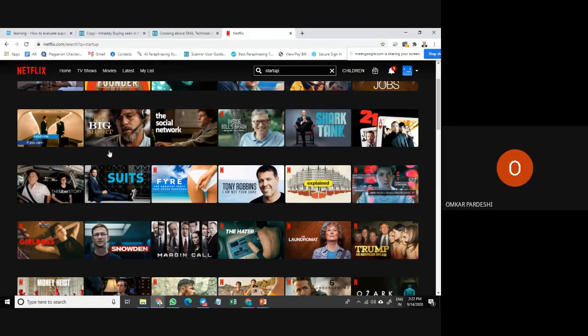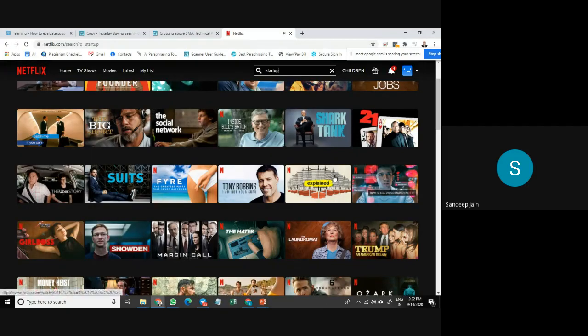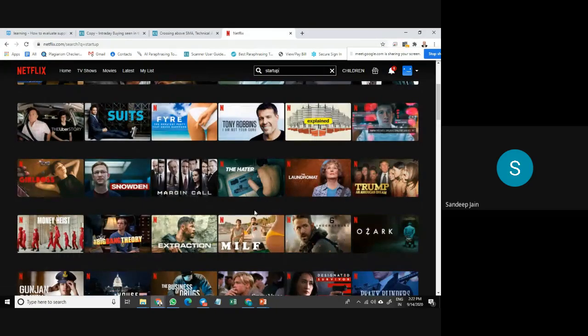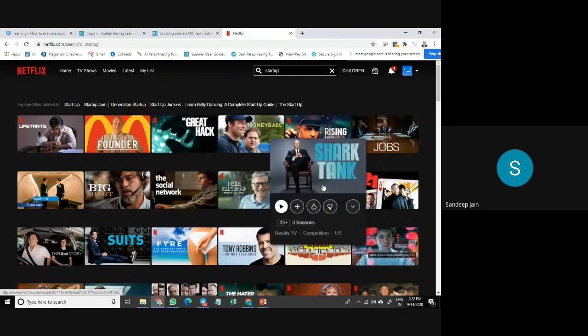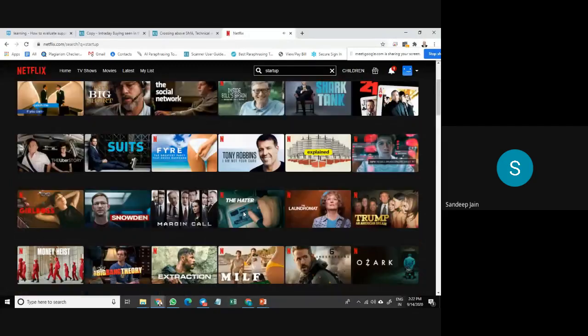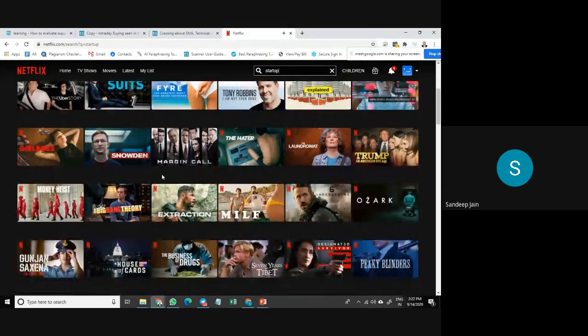The Uber story I have not seen, but it looks like a documentary. Not all are startups because the search of Netflix is not that great. But the major ones I have highlighted: Founder, Jobs, Social Network, Inside This Brain, Shark Tank, Uber Story, and there will be a few others. I don't know why the search is not that great here.